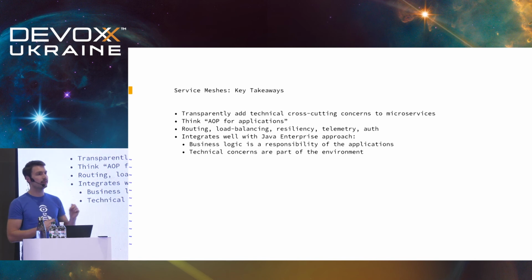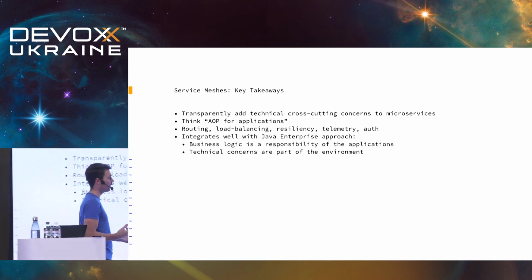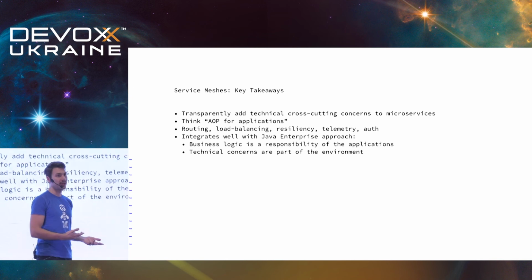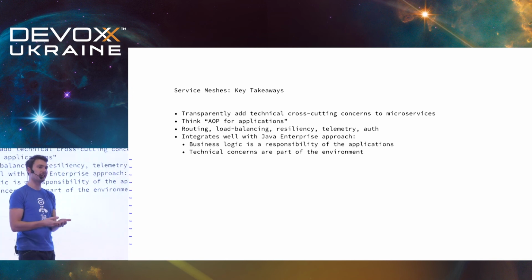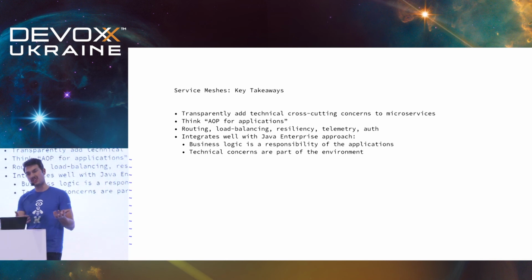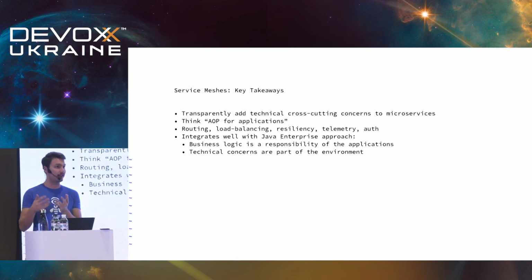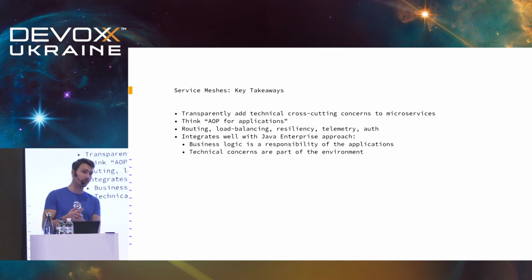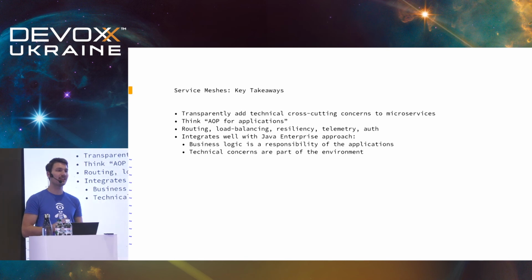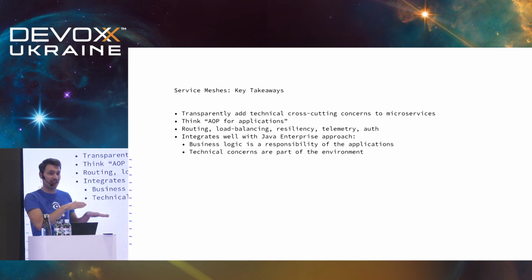And that fits the approach of Java EE actually very well, because what we always had in the past is that you write your business logic in plain Java and use just the APIs, the interfaces and annotations from Java Enterprise by annotating your code. And all the rest is provided by the underlying layer, which is the application server or application container.